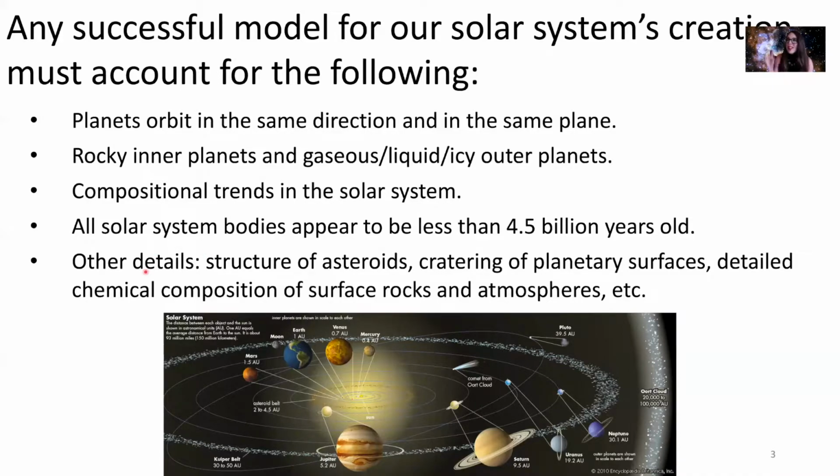And we also have these other bits and bobs of details that this theory has to support. We've got the structure of asteroids, the cratering of planetary surfaces like our moon, detailed chemical composition of surface rocks and atmospheres, and more things we have to explain with one single theory for the formation of at least our solar system, which we think must be similar in other solar systems as well.